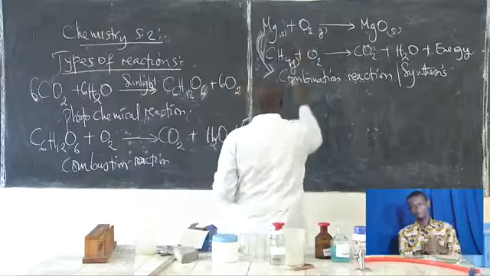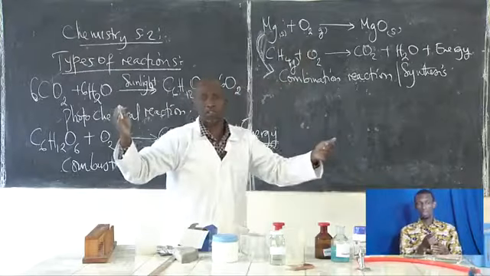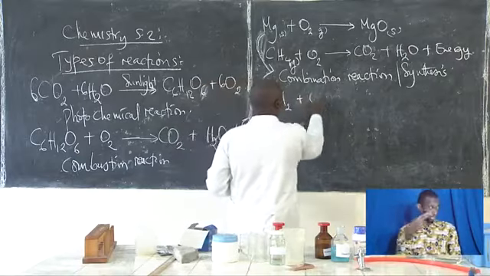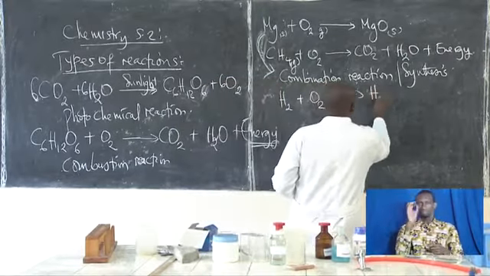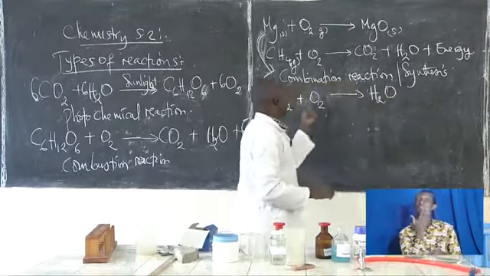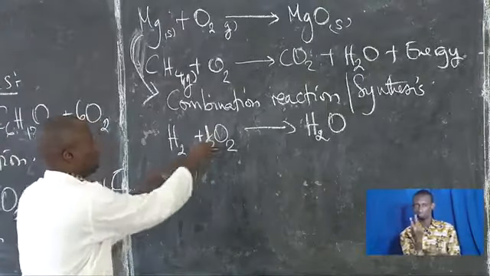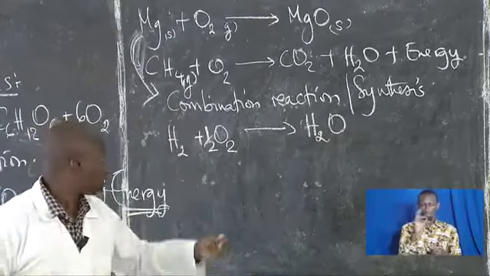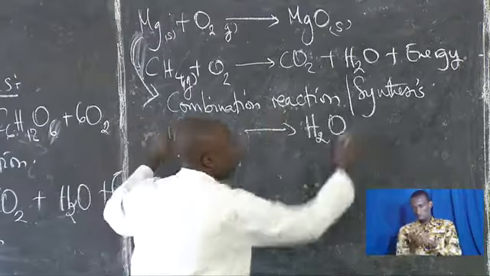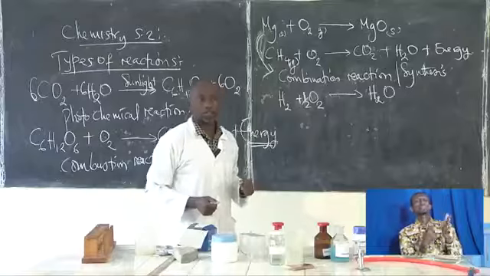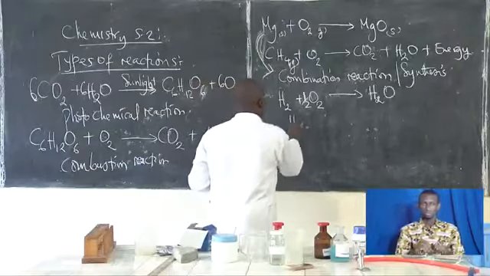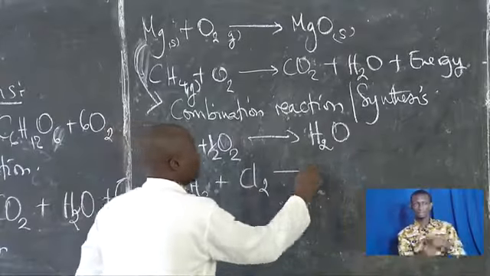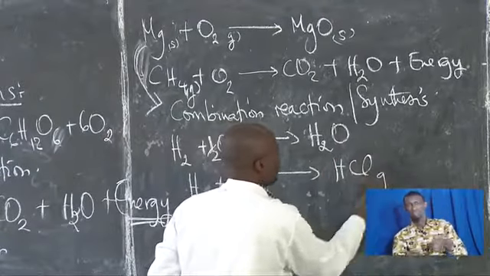When you look at the magnesium, we can have other examples as well. You can have hydrogen combining with oxygen to form water. Water is made up of these two elements, oxygen and hydrogen, combining to form the water. That is one other example of a combination or synthesis reaction. We can as well have hydrogen combining with chlorine to form hydrogen chloride gas.